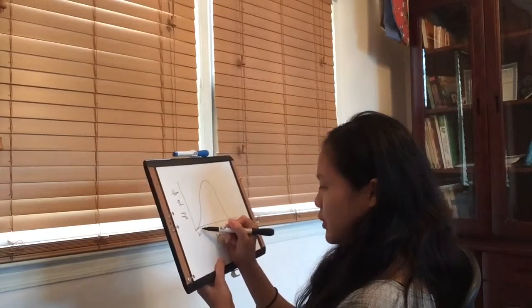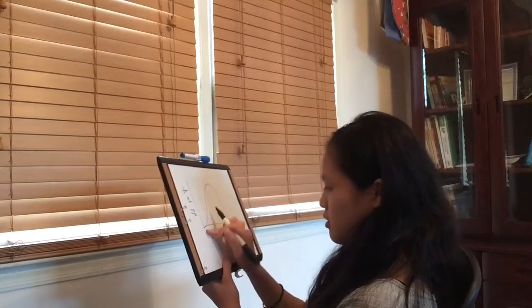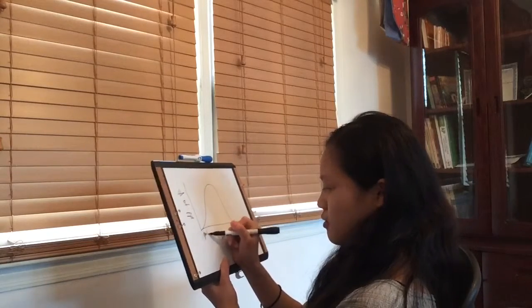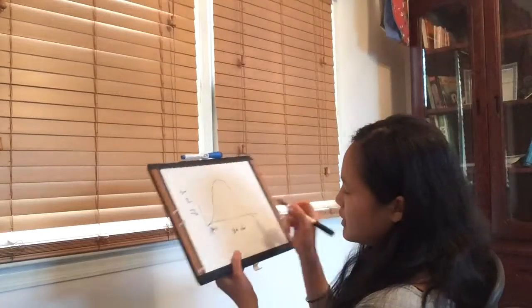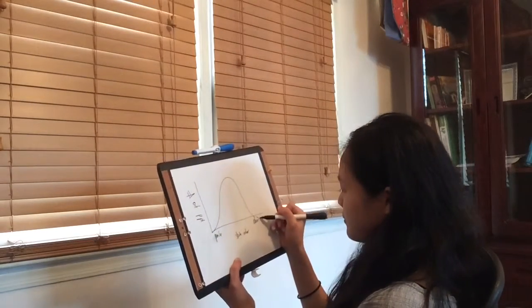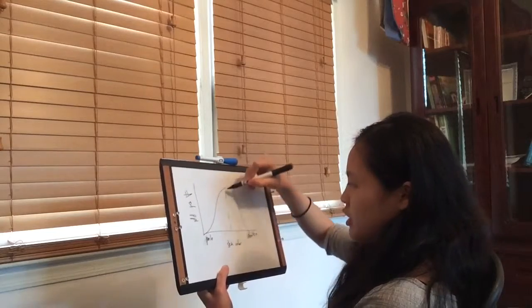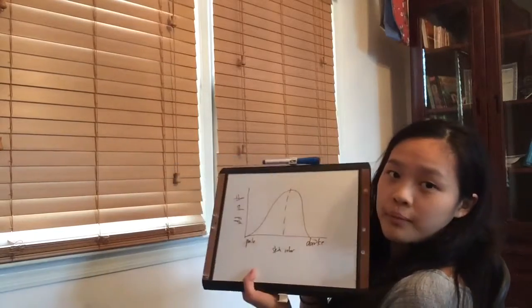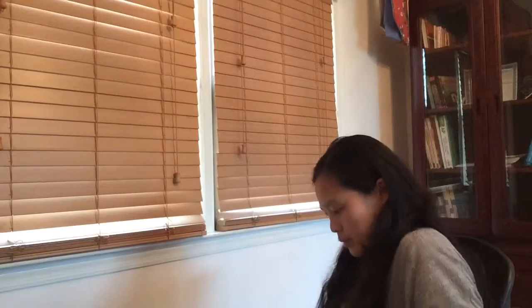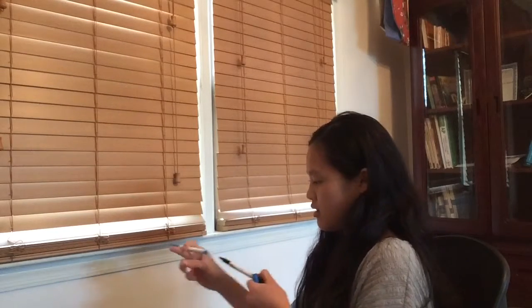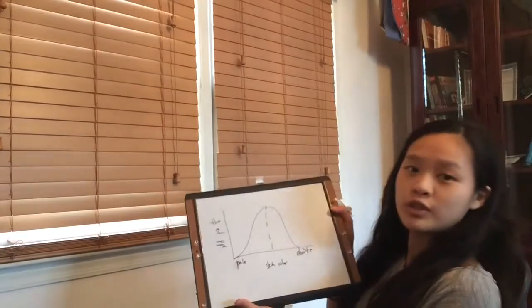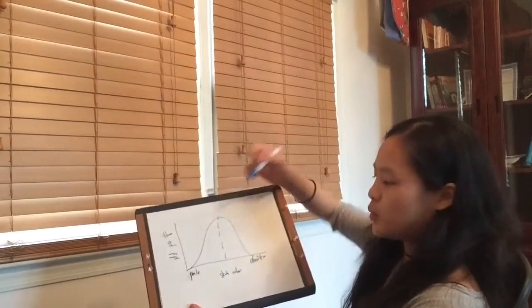So this side is going to be paler, and this side is going to be darker. So right now our population is kind of in the middle, right? Well, in blue, I'm going to show what our new population will be like after natural selection acts.